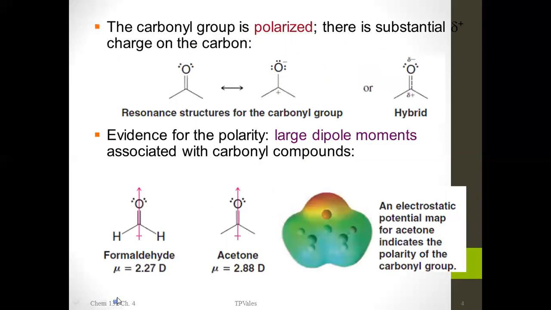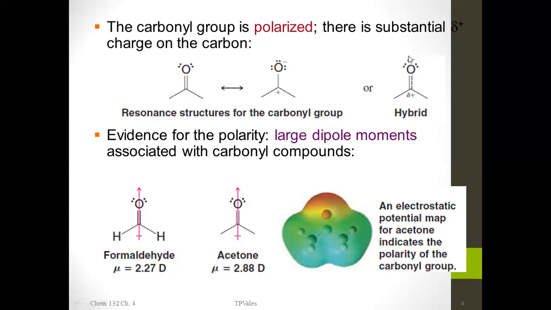So the carbonyl group is actually polarized. Whenever you look at a structure having oxygen in it, you expect your oxygen to be electronegative. Being an electronegative atom, it possesses a partial negative charge, and the electron density between carbon and oxygen will be drawn toward your oxygen.